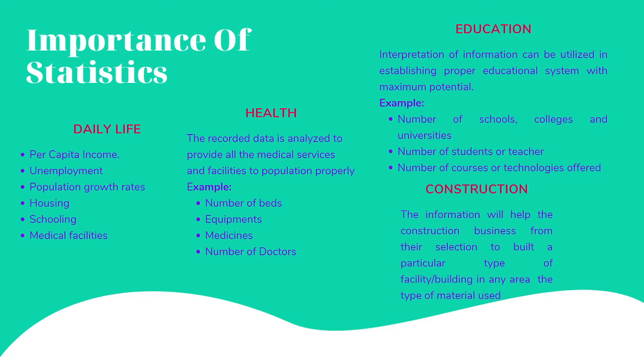That particular type could be a hospital, a school, a residential building, or a park. It is all done on the basis of the data and the analysis, in an area, or even the particular type of material used could also be gathered from the recorded data.